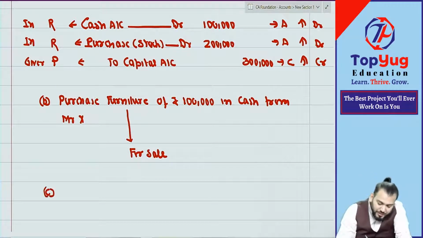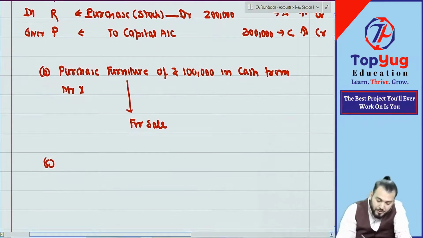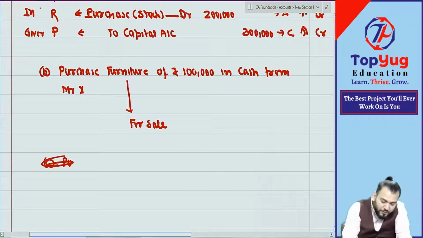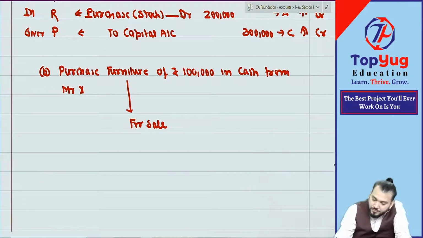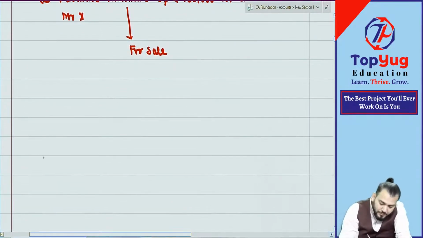Then point number C. Leave some space here for the journal entry.